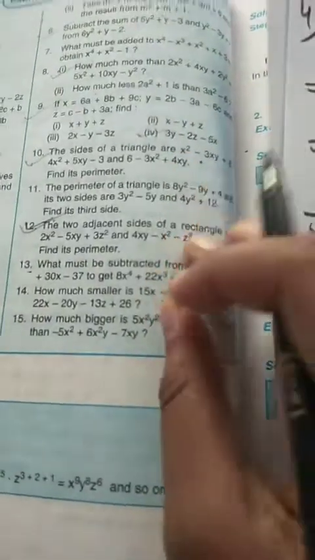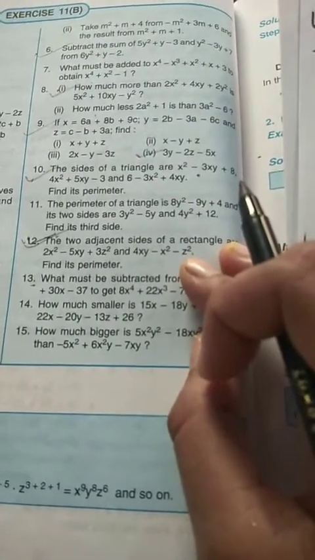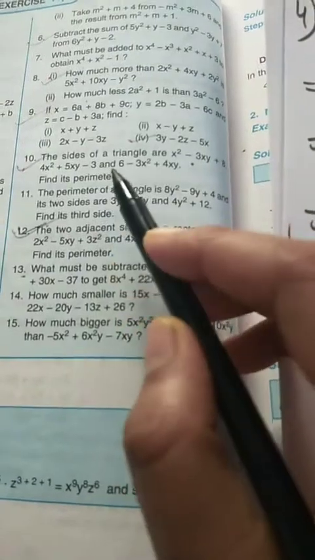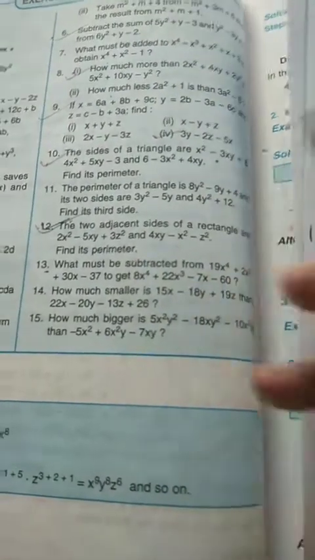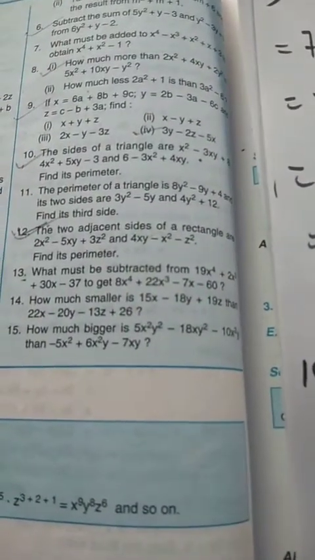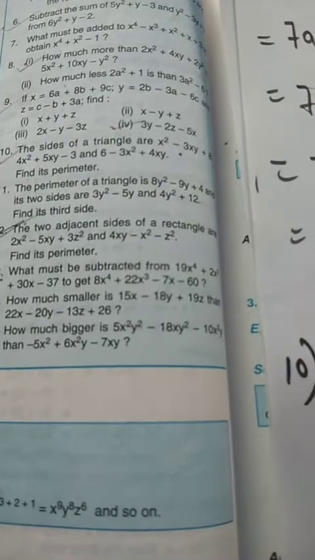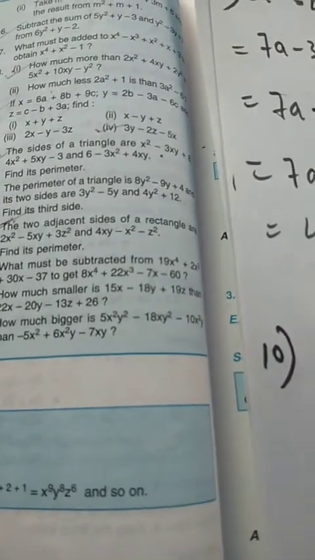As you can see in question number 10, the sides of the triangle are given. You have to find its perimeter. So in this question we will just add all the expressions together. So you can just see question number 10. x square is given, minus 3xy is given, and then 8 is given.